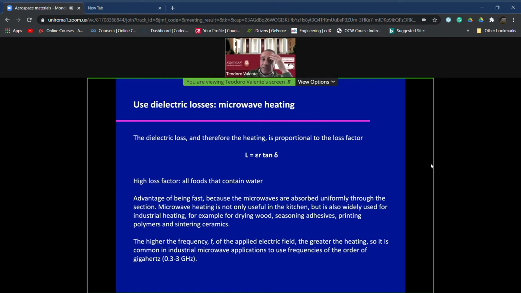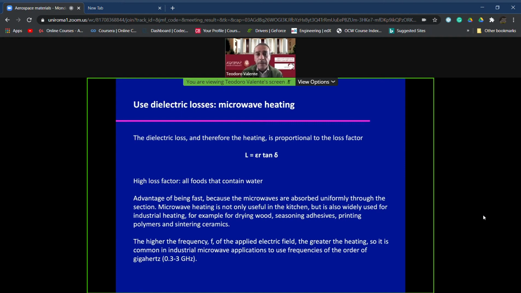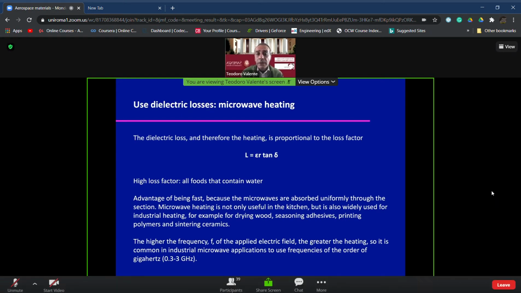And so we can have a very effective heating, which is used not only in our kitchen for private purposes, but also for other applications, as in the case of industrial heating, for drying wood, or seasoning adhesives, or in some cases printing polymers, or some experiments have been made also in the field of sintering ceramic materials, having the possibility to reach high temperatures able to activate solid state diffusion, by relying on microwave heating.